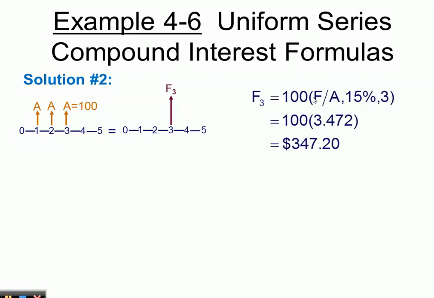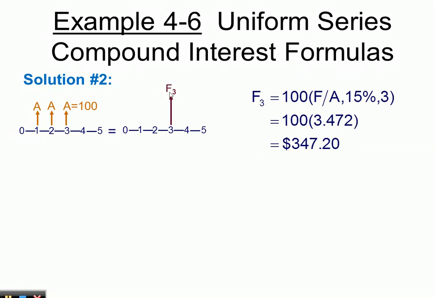F3 is going to be 100, and now it's A because we're combining it, we're moving it to 3, so it's going to be the future amount from the uniform series at 15% over 3 years, right? Because this is 3 years and that's at the end of year 3. So now we'll get this.